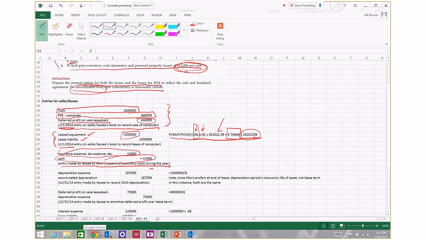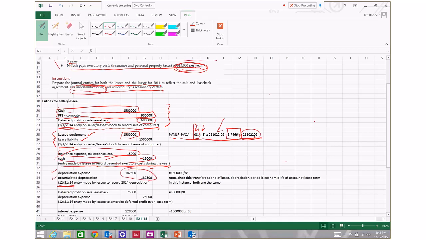Okay, at the end of the first year, at December 31st, 2014, the lessee is going to book depreciation expense on this leased asset. Debit depreciation expense, credit accumulated depreciation.